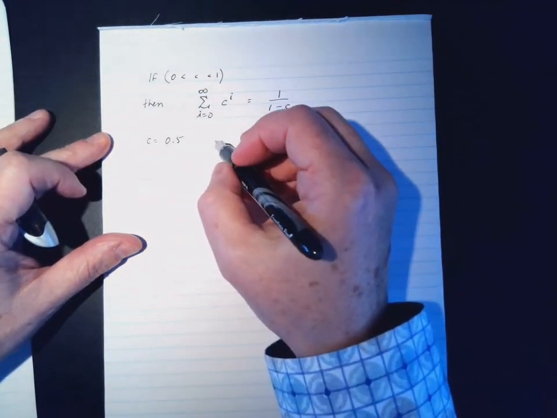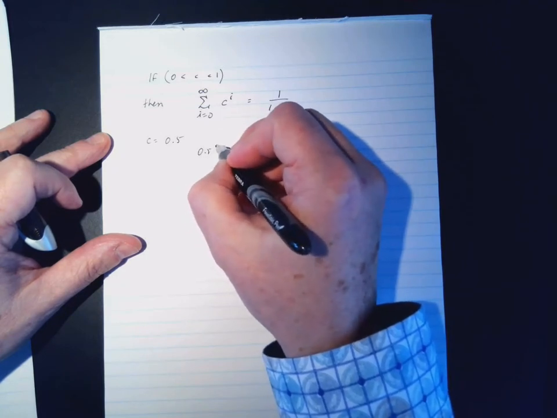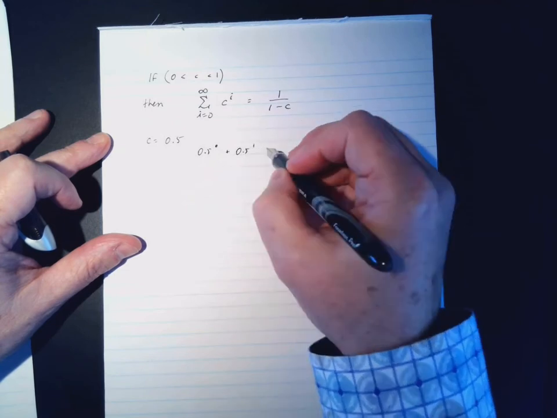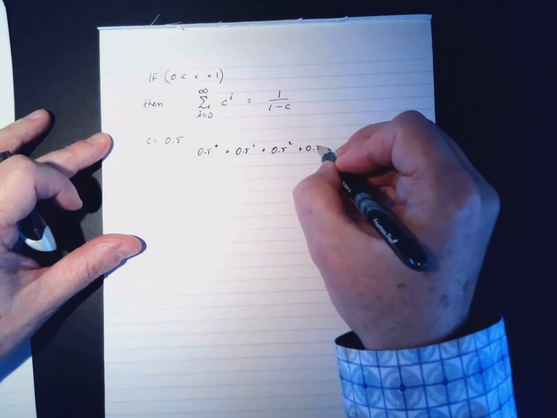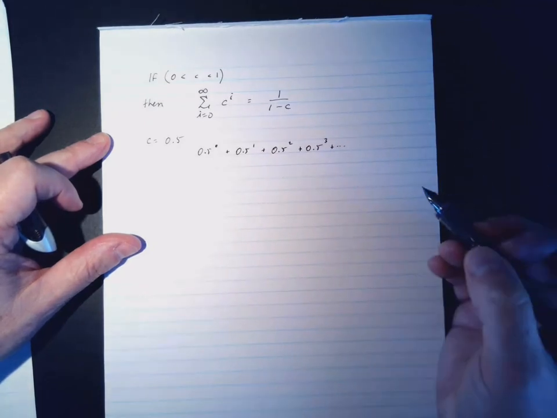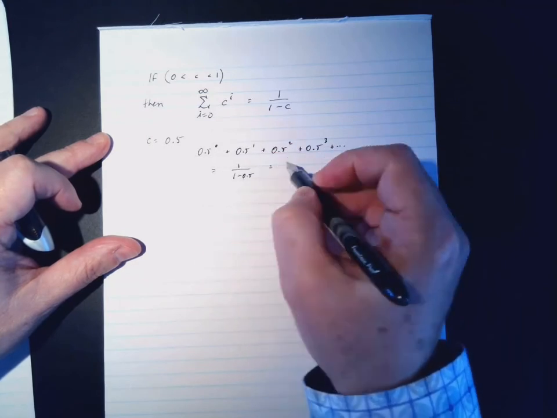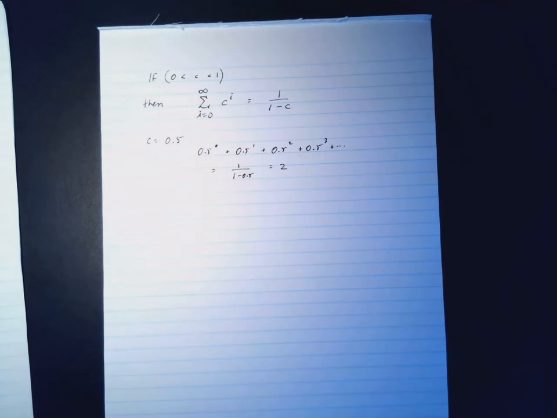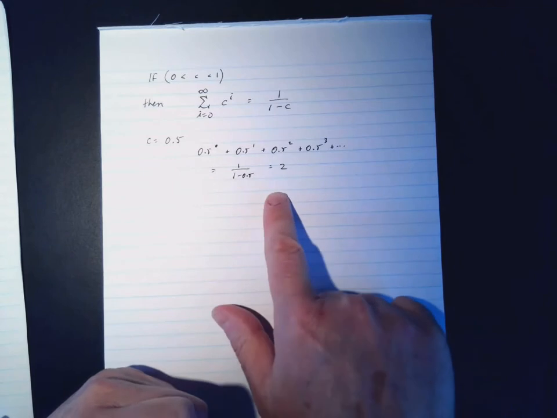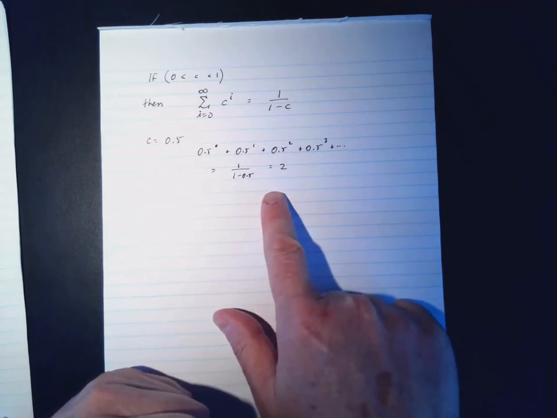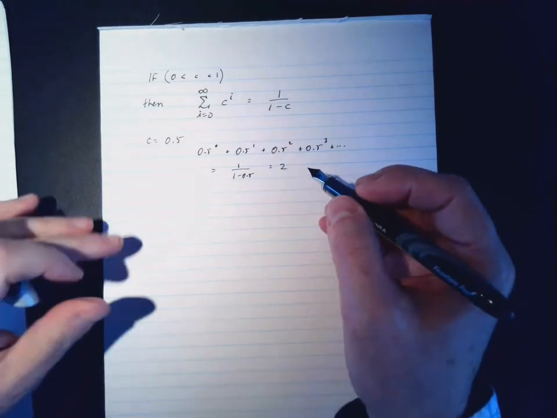Then 0.5 to the power of 0 plus 0.5 to the power of 1 plus 0.5 squared plus 0.5 cubed and so forth equals 1 over 1 minus 0.5, and that equals 2. So that is a mathematical result. It's not actually all that hard to prove. It looks pretty magical, but we're not going to do the proof here.